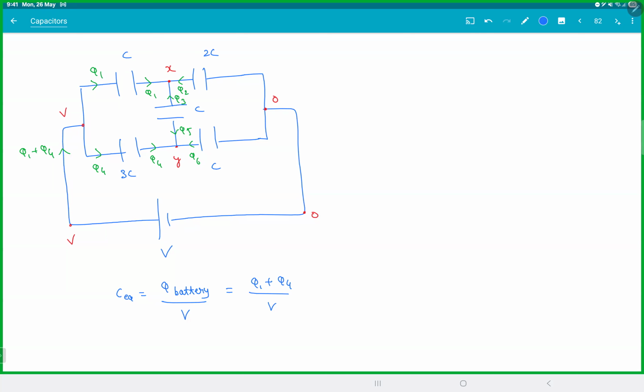Apply junction law for X and Y. First find X and Y. Then find Q1, Q4, and then substitute by V. Solve, Pushkal, solve.